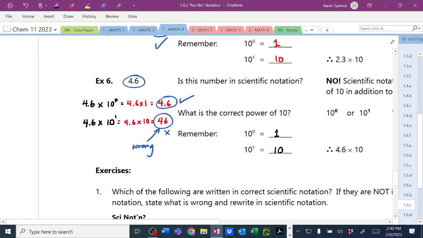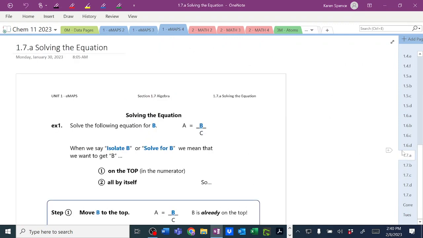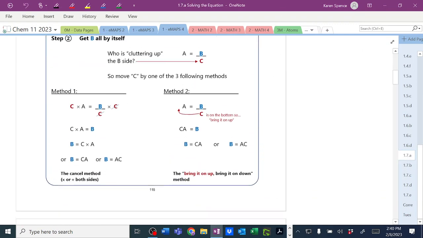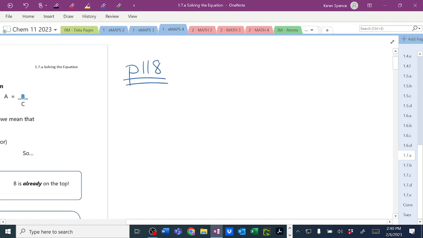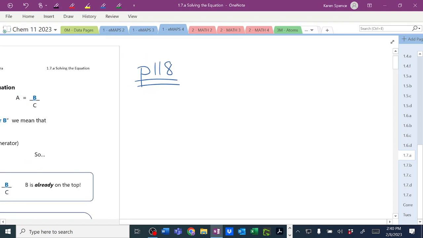Last thing for today, and then I'm going to give you some time to work on the homework. 1.7a is on page 118, although I'm going to go a little off script on this, because in 1.7a I've shown you 3 different methods of solving the equation.